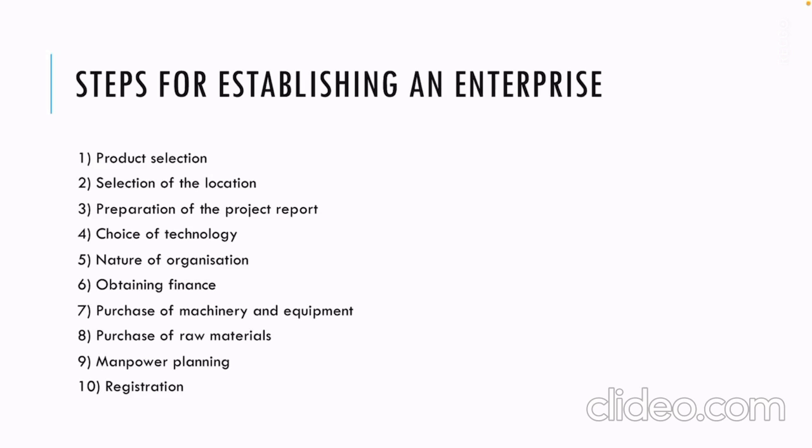So, an enterprise has to choose its products or services on the basis of their sales potential, that is how much it attracts the customers, how much the product will be sold in the market, and the product demand in the market.